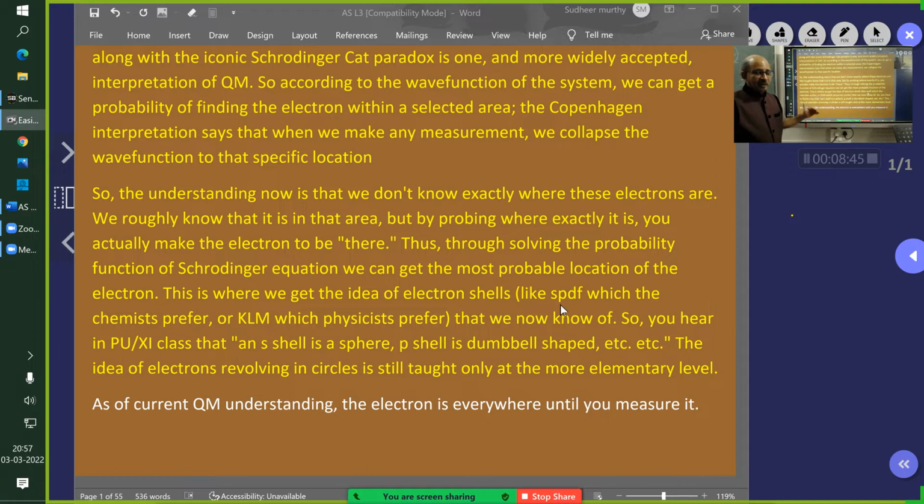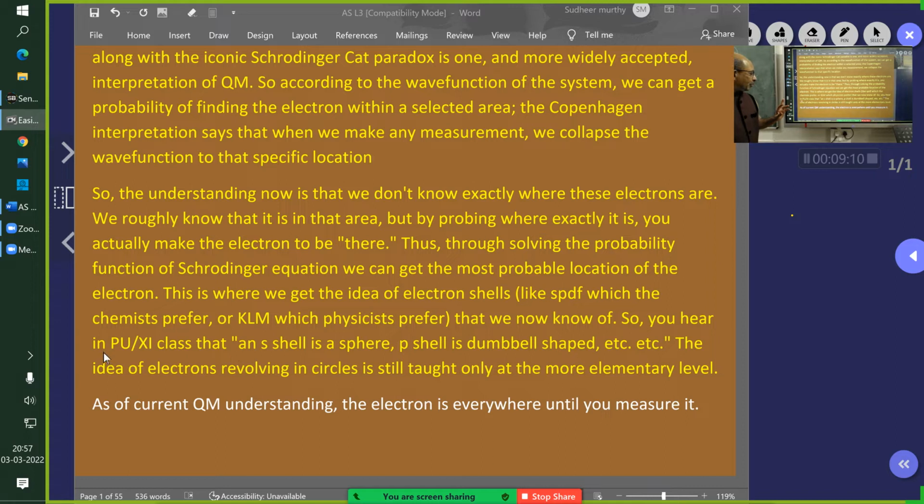S becomes the orbit or orbital? Orbitals, right? Yes, the shells and all, and we use similar terms in physics. We use KLM. So you should not be confused. They are one and the same.